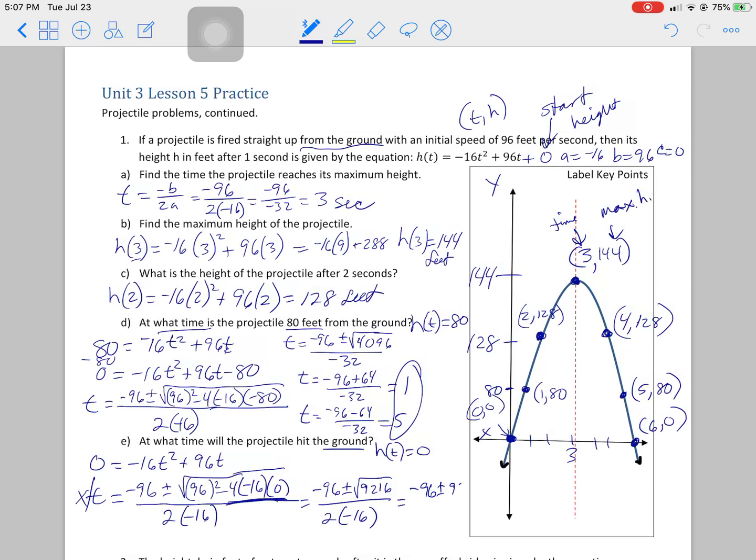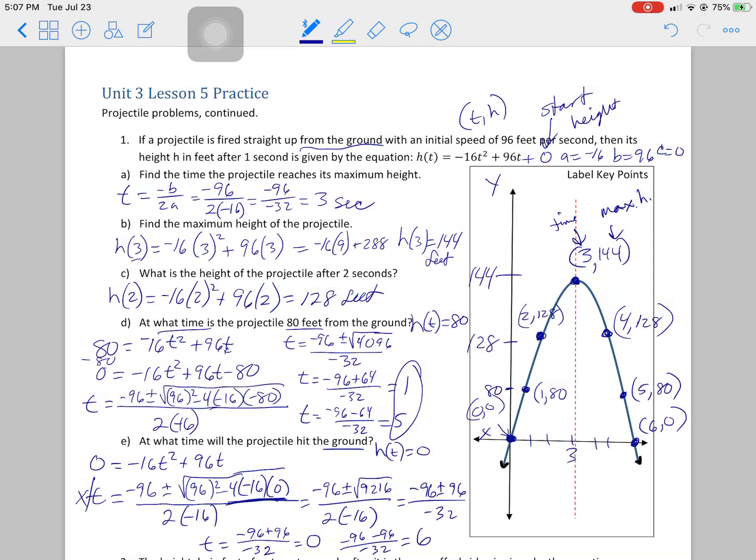So of course that had to be 96 because this is going to come out like this. So one of the answers is going to be 0. So t equals negative 96 plus 96 over 32. There's my 0. And then 96 minus 96 divided by negative 32 is where your 6 is going to come in.